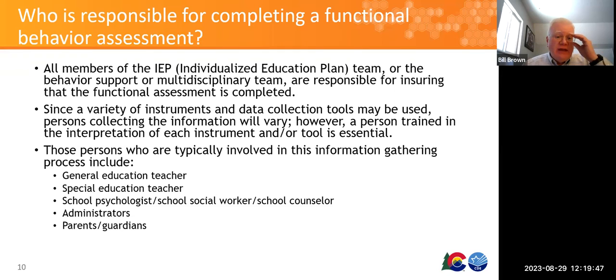However, a functional behavior assessment should be a team process and not an individual process, which means that you might have one person in charge of collecting that information, but they might have the general education teacher collect some information. They might have an administrator collect some information. They might also collect information from parents or guardians and include them in that process.